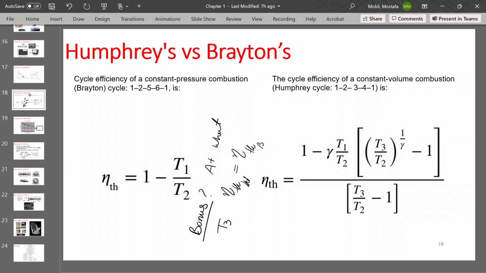As a ratio of the input temperatures. But the thing is, can we just find a number for T1 and T2 online, whatever, from the book, and just put it there? If we do this, a standard number, a real number, should we get the same results?